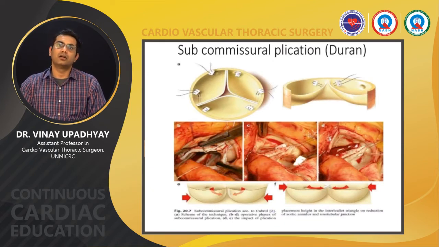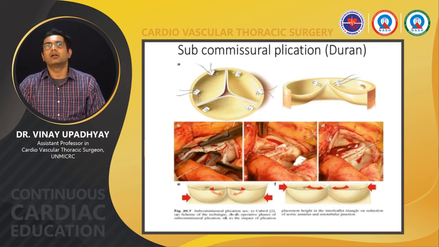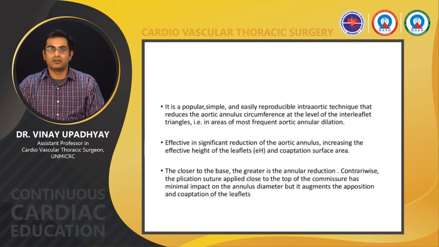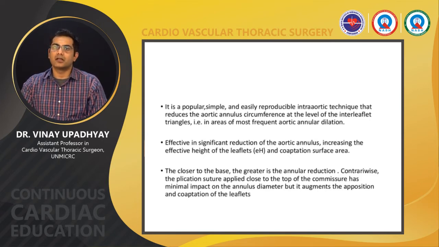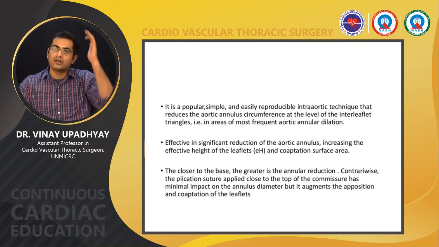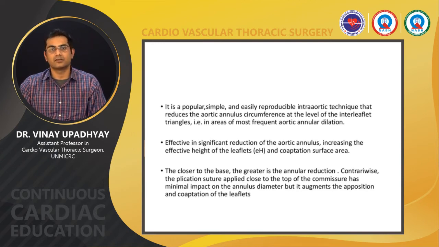This figure shows another plication technique, subcommissural plication technique, Durán repair. In this technique, all three leaflets are plicated near the commissure. This is a very easy, simple, reproducible intra-aortic technique that reduces the aortic annulus circumference at the level of the interleaflet triangle, effective in significant reduction of the aortic annulus, thus increasing the effective height of leaflets and coapting surface.